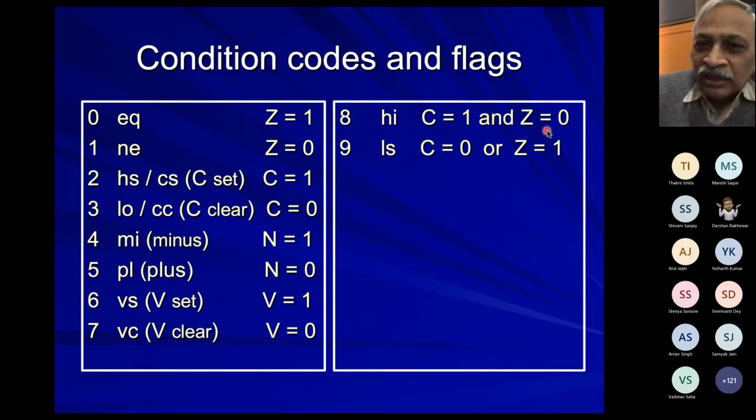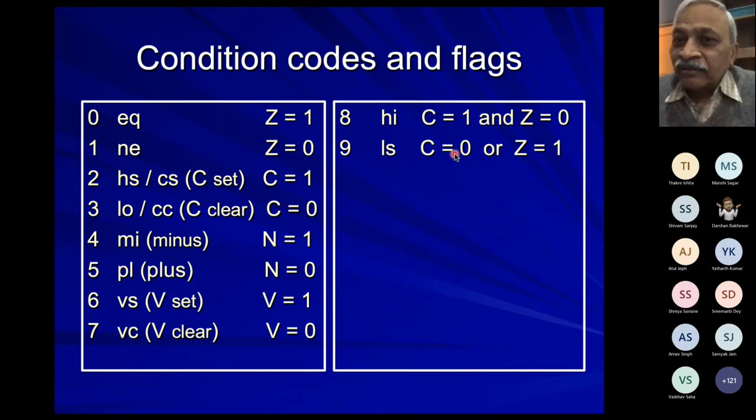If Z is 0, that means the result is not 0, and strictly speaking, OP1 is greater than OP2 in unsigned interpretation. Complementary of that is lower or same, less than equal to, where C is 0 or Z is 1. Z is 1 indicates equality, and C being 0 indicates less. So lower or same.